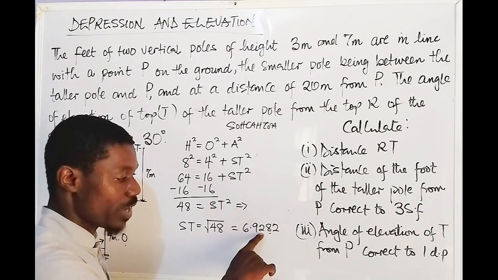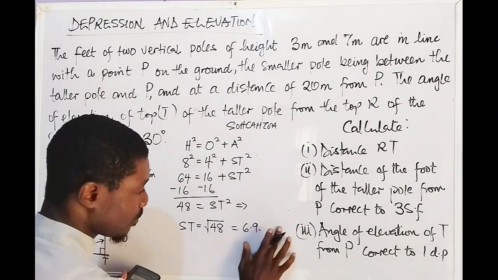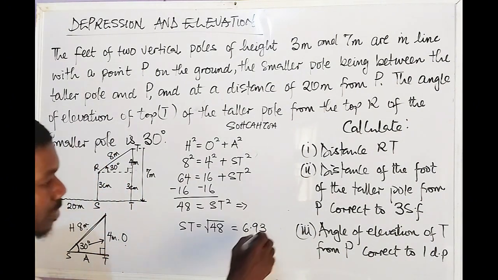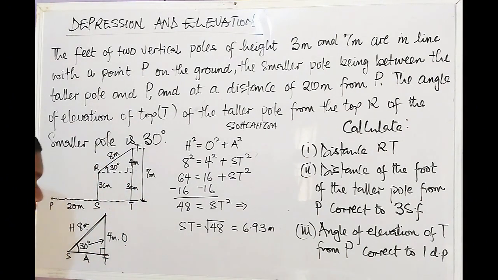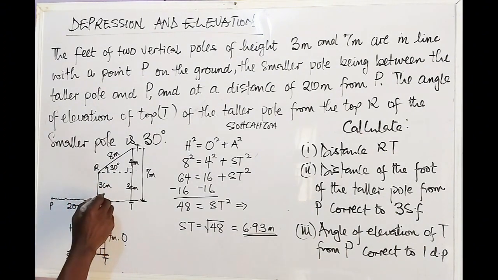It becomes 1, we add it to 2, making what? 3. So at the end of the day, we have 6.93 meters. Okay? So from here to here is 6.93 meters to 3 significant figures.